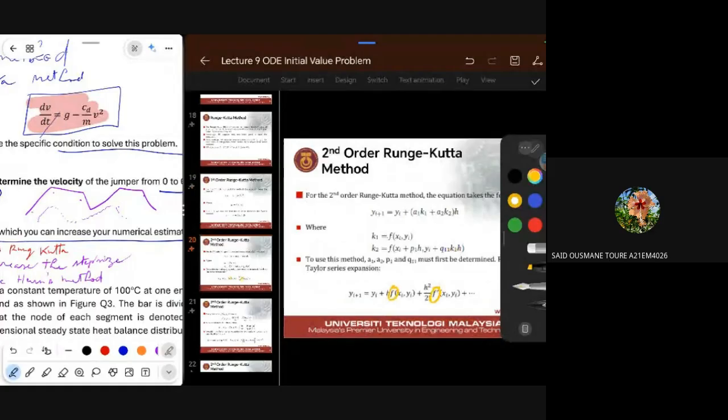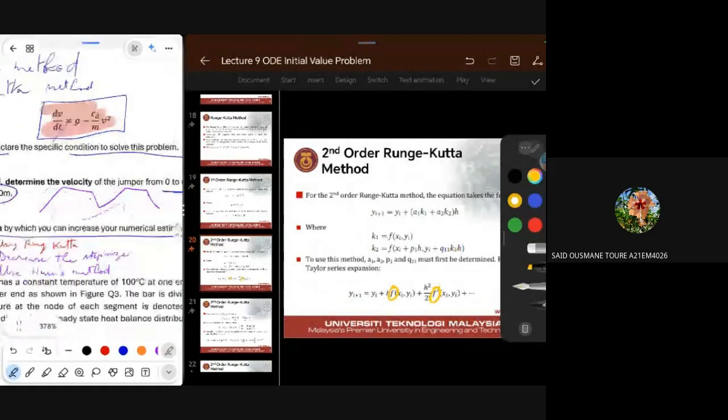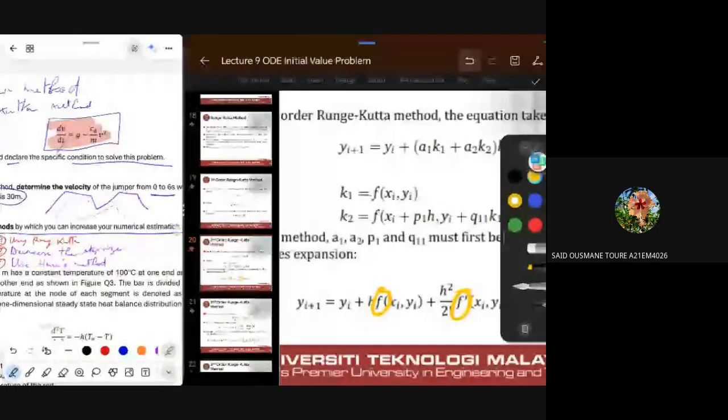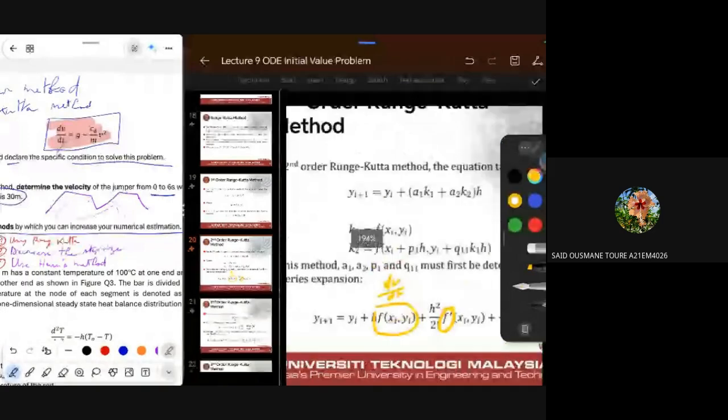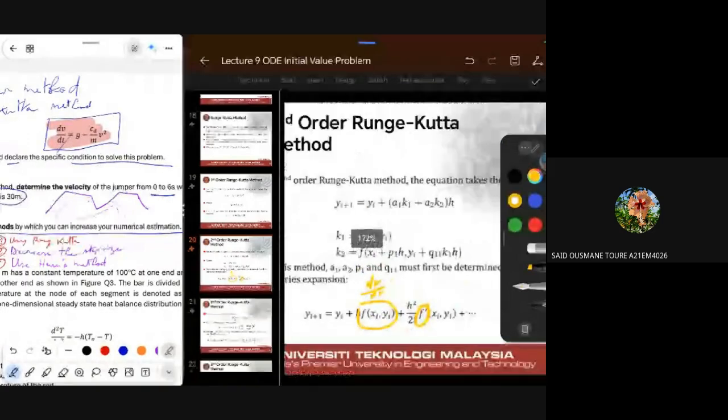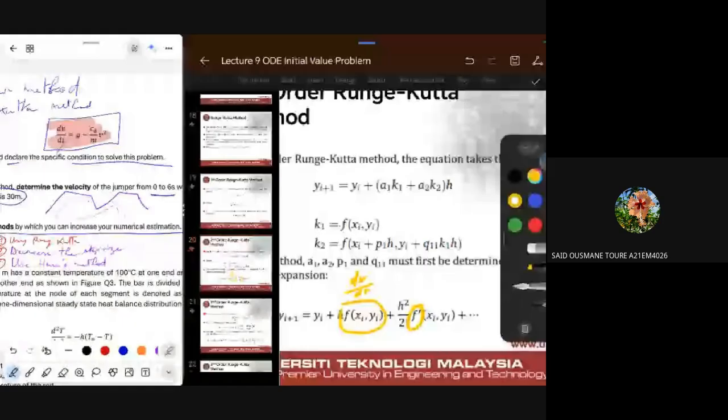So you already have dv over dt, which is here. And if you use the second order Runge-Kutta, you get a much more accurate result, obviously. But basically, this will be the second derivative, d squared v over dt squared.